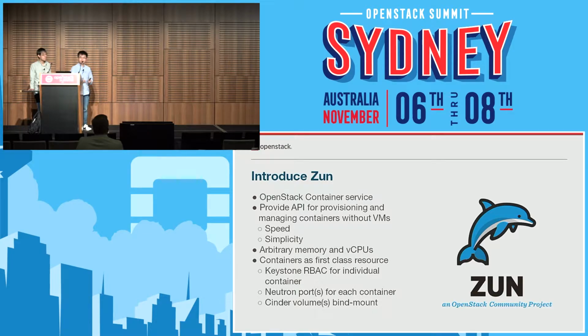And a Neutron port is created for each container, so you can use all the features in Neutron, such as security groups and floating IPs, in combination with containers. And you can bind a Cinder volume into containers, and that's also possible. All these features are unique to the Zun project, and are not available in other services as far as I know.